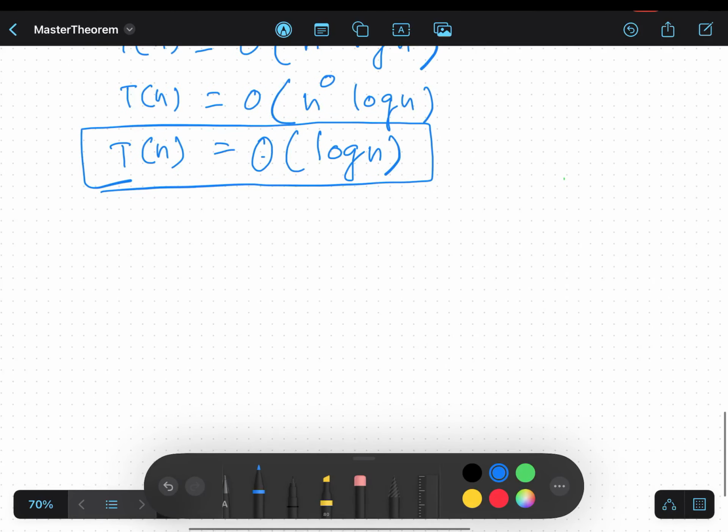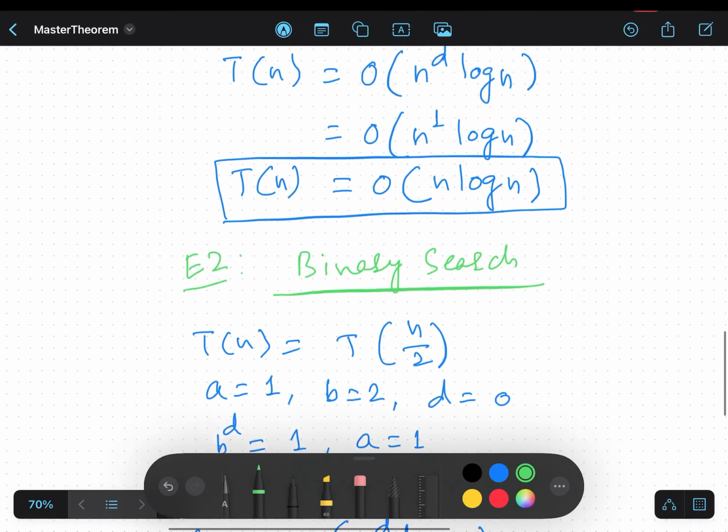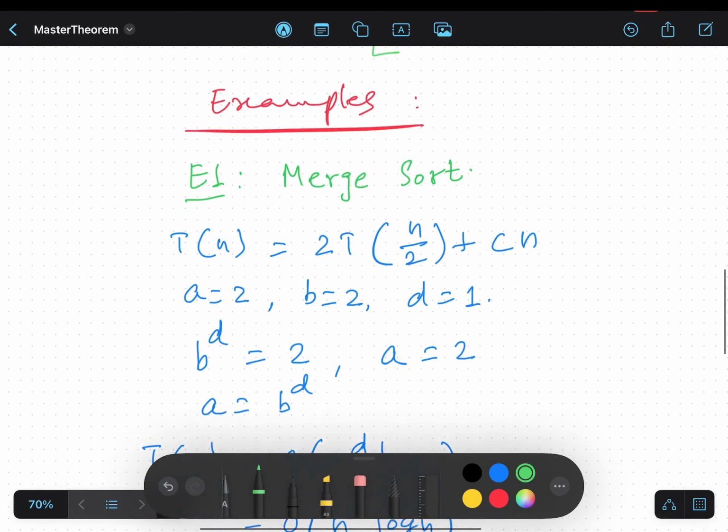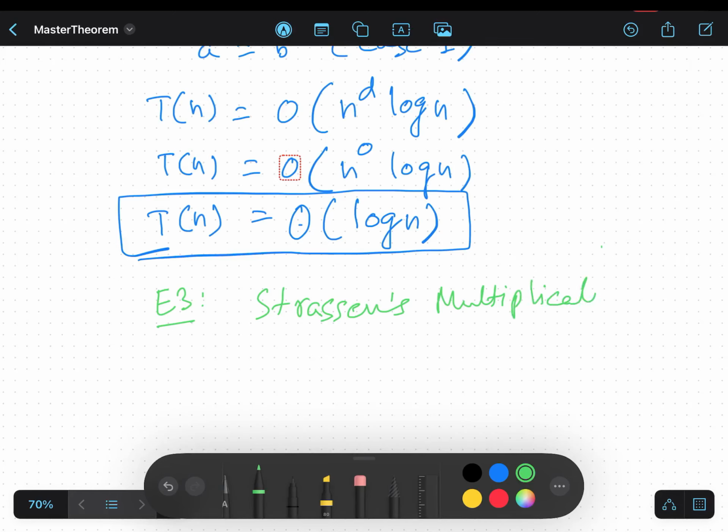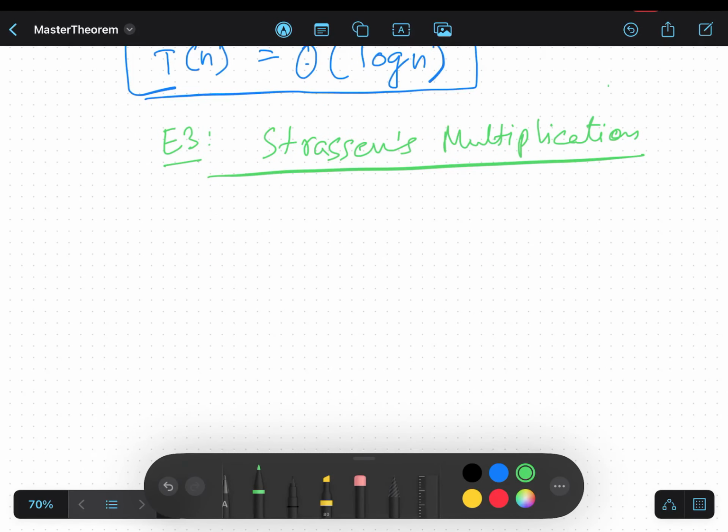Okay, let's take one more example, and this is our last example. Example 3, and that's Strassen's multiplication. Okay, and the recurrence looks like this.